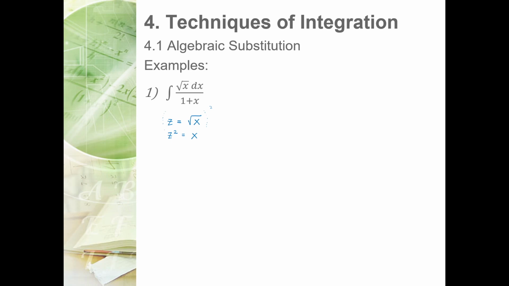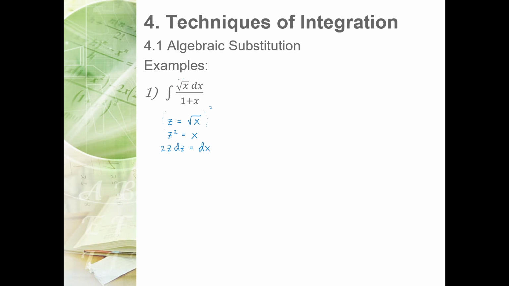Then after this we're going to differentiate the whole equation. So the left side becomes 2z dz, right? So bring down the exponent, then minus 1 exponent, and then dz. And the right side is just dx. So notice that we can replace the different terms inside the equation.